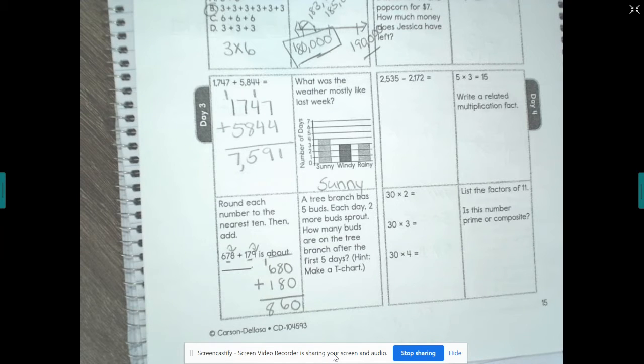So I have a tree branch and it has 5 buds on it. So that's how much it's starting with. It's starting with 5 buds. Each day, 2 more buds sprout. So I'm going to be adding to the 5 buds, I'm going to be adding 2. And each day I'm going to add 2. And I want to know how many buds are going to be on there after the first 5 days. So this is kind of a pattern.